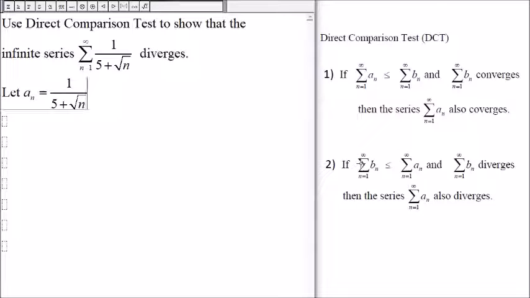So basically what we're trying to show is that if this goes to infinity, then the series a sub n is larger than infinity, which means that it's equal to infinity and it diverges. And so that's the strategy.